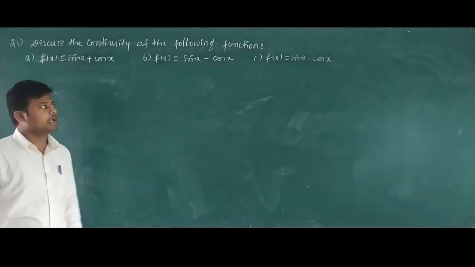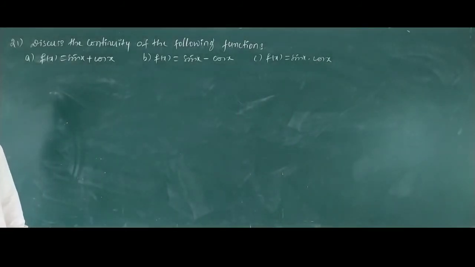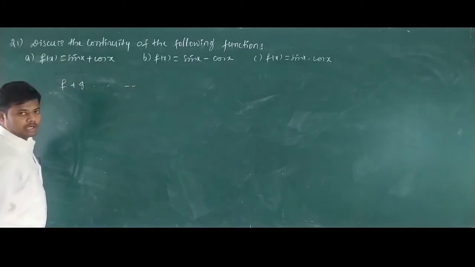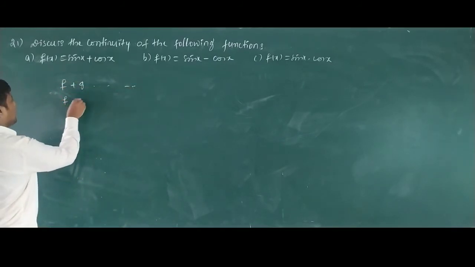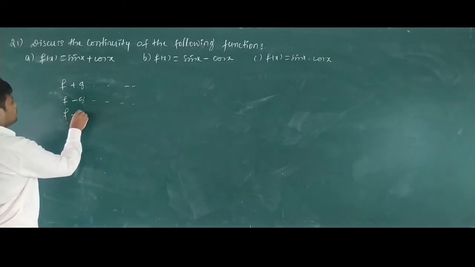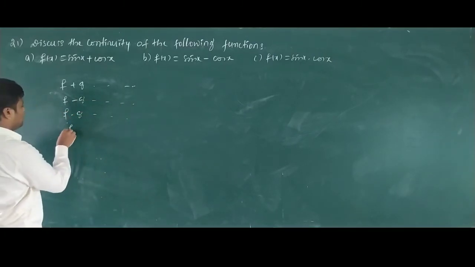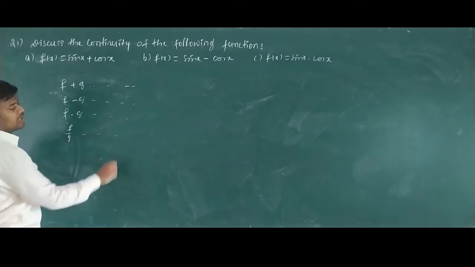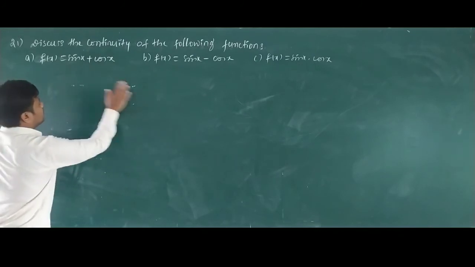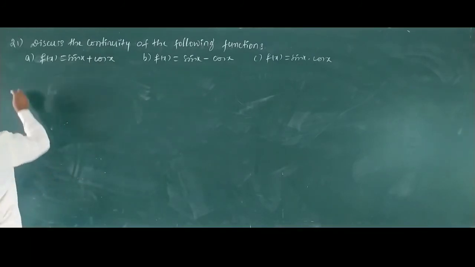If f and g are two real functions continuous at a real number c, then f plus g is also continuous at c, f minus g is also continuous at c, f into g is also continuous at c, and f by g is also continuous at c. We already studied theorem 1. Okay, so using theorem 1, solution.